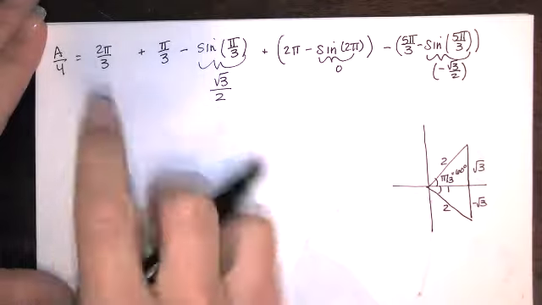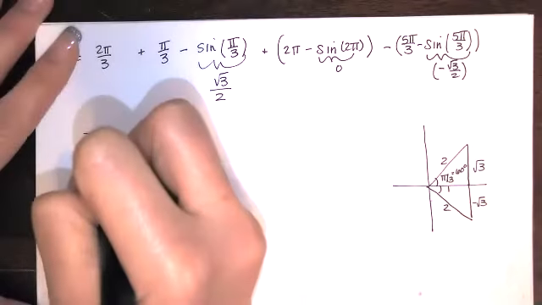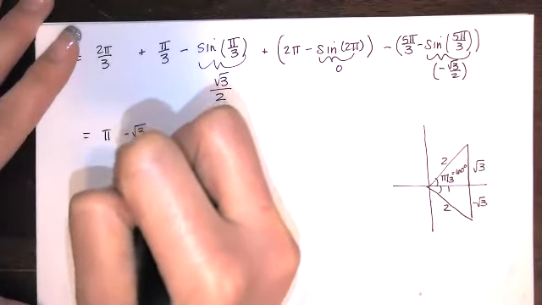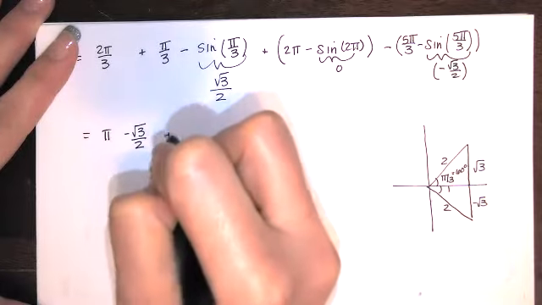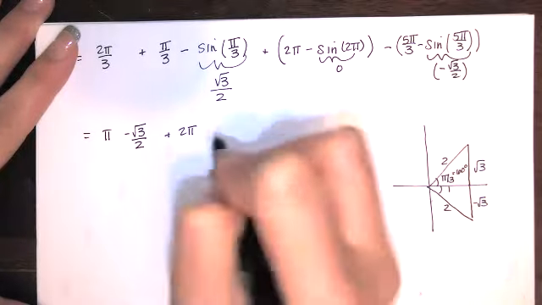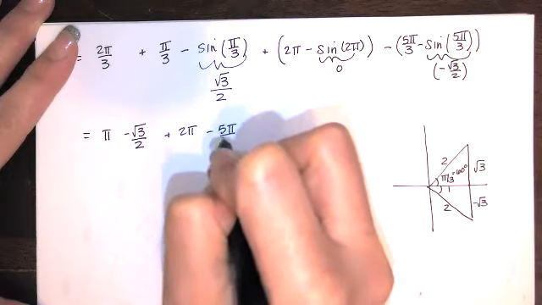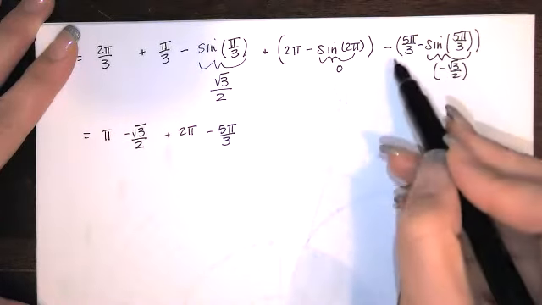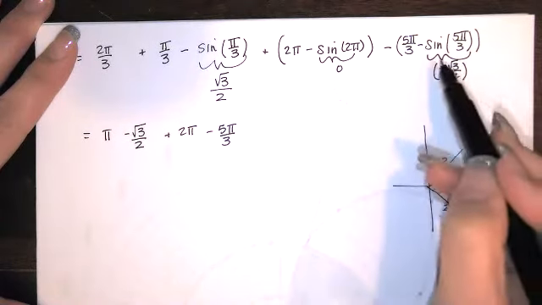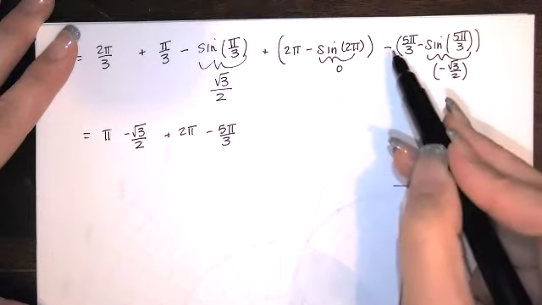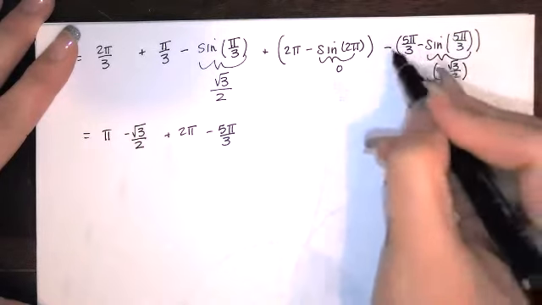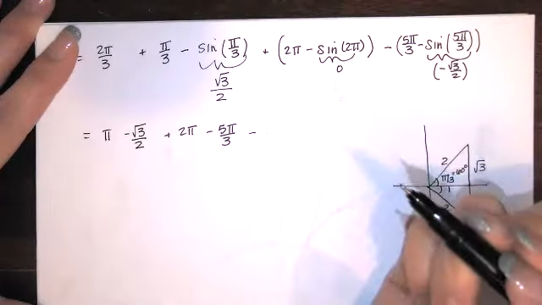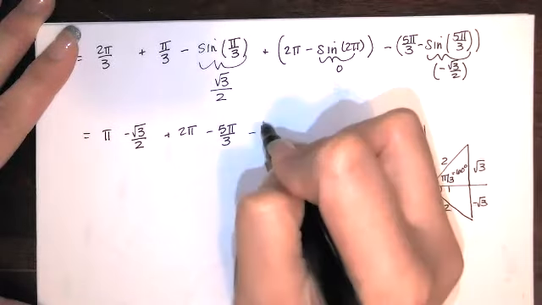Okay, so I've got this plus this is pi, minus root 3 over 2, plus 2 pi, minus 5 pi over 3. And then I'm subtracting a negative times a negative. So that's a positive times a negative, which is going to be negative ultimately, because we've got those 3 negatives multiplying each other. And that's square root of 3 over 2.